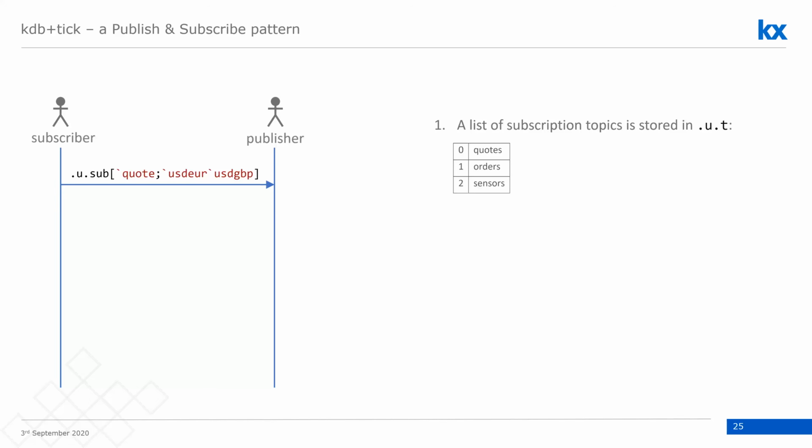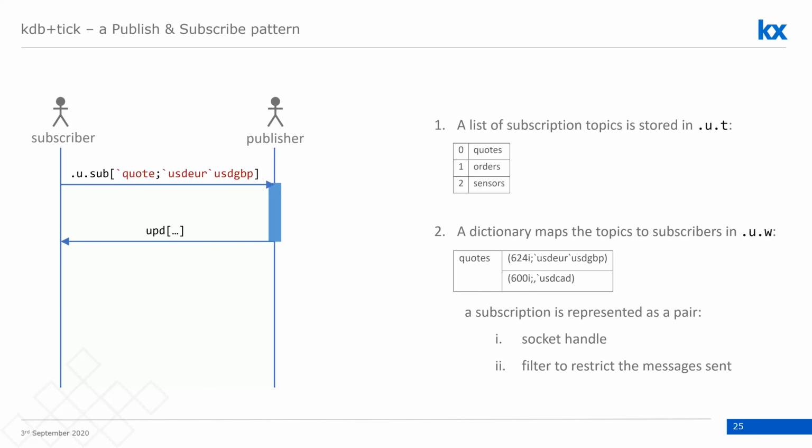On subscribe, subscribers are registered in a dictionary, u.w, and this dictionary maps the topics to a list of subscriptions, where a subscription consists of a subscriber socket handle like 624 or 600, and a filter, which is the currency pairs in our quotes example. Once a subscriber is registered, any external event, like a price change or a timer event, can push to a topic by calling the publish function.